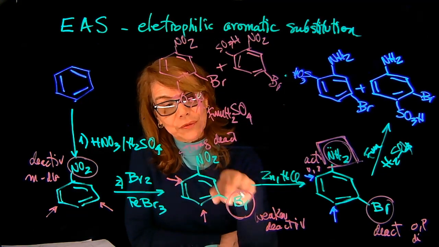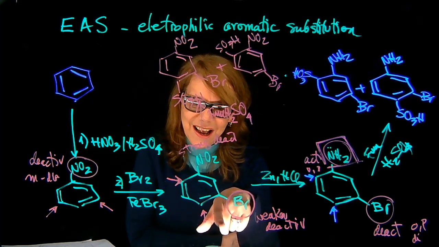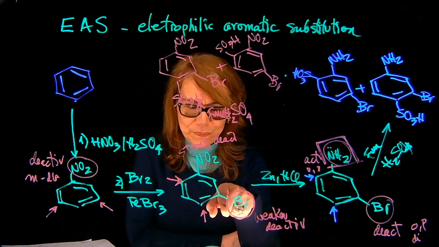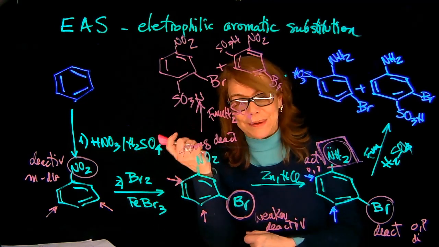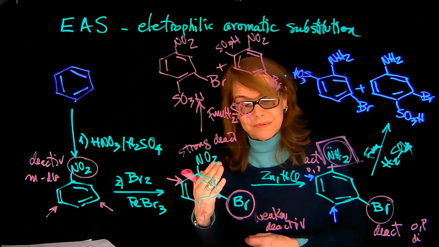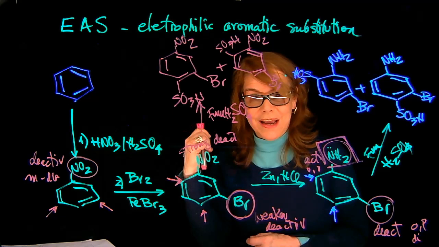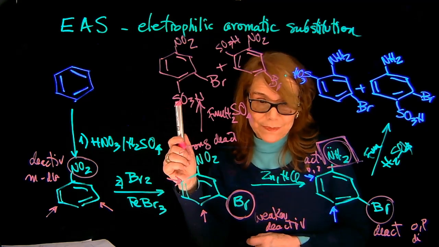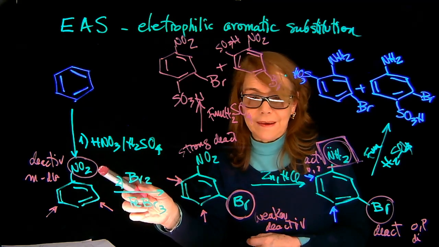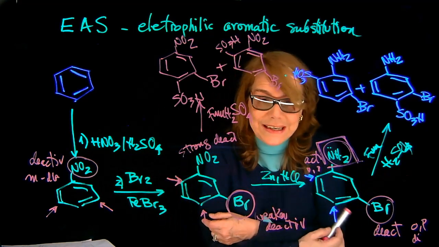So the next substitution is going to be ruled by the weakest of the two deactivating groups, so the bromine. And this is why we get that. So whenever you have a problem like that, a sequence of reactions, draw the products at each step and do the analysis by knowing what each reagent does and determining what each substituent is, activating, deactivating, and where it is directing.